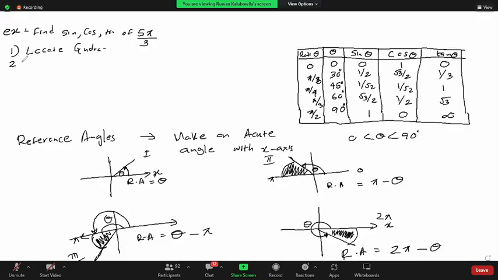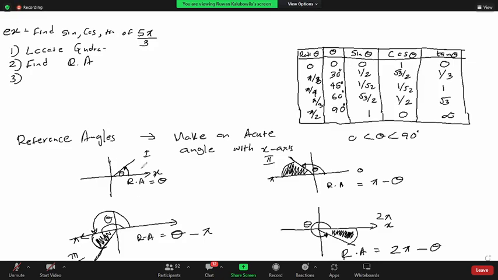Then, if it is in the first quadrant, no matter, we can directly give the answers. But we have to do something with the other spots. Then find the reference angle using this identification method. Why do we locate the angle in which quadrant?